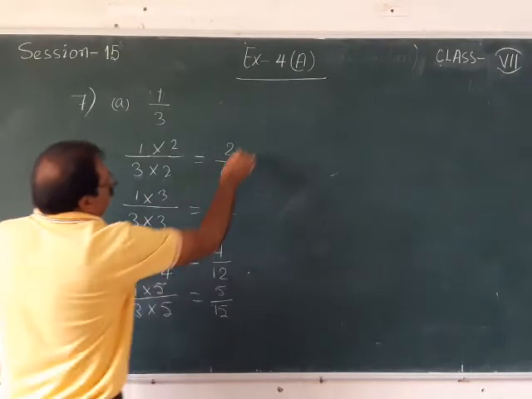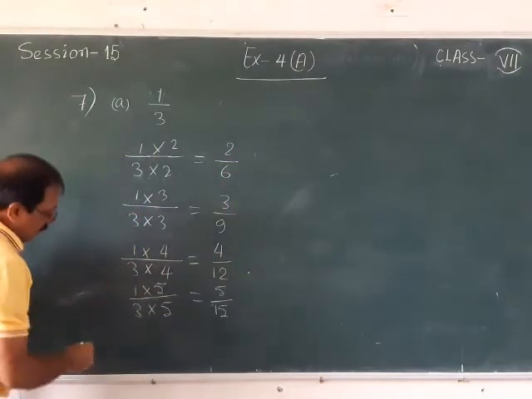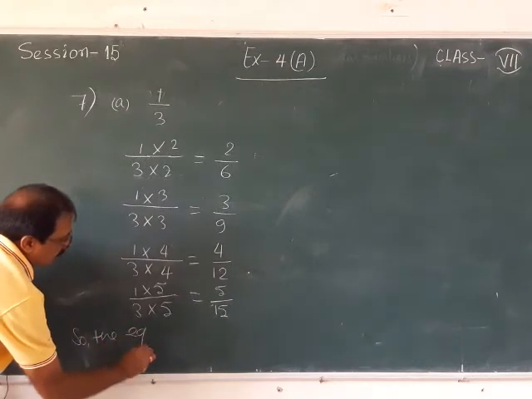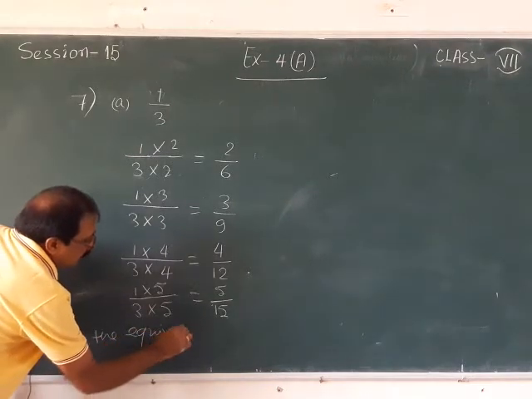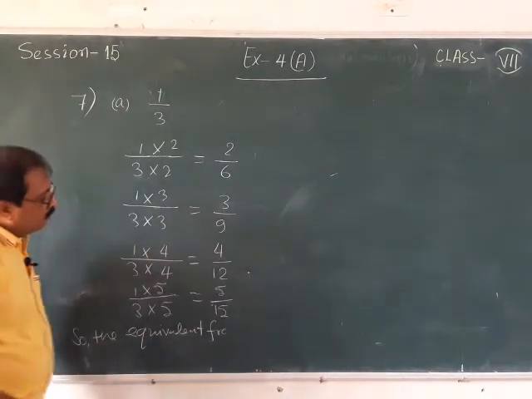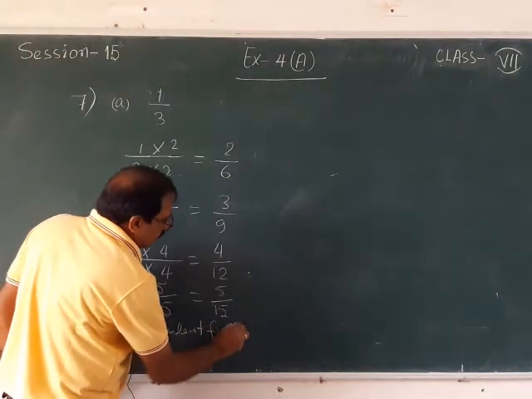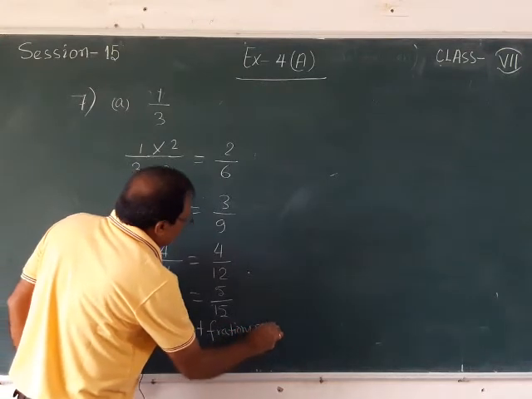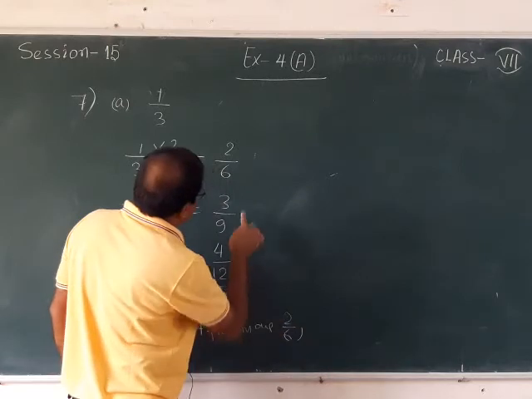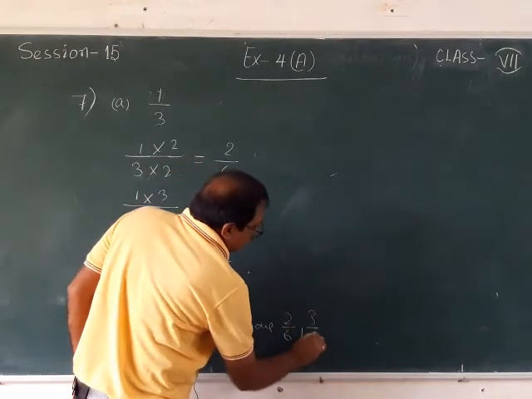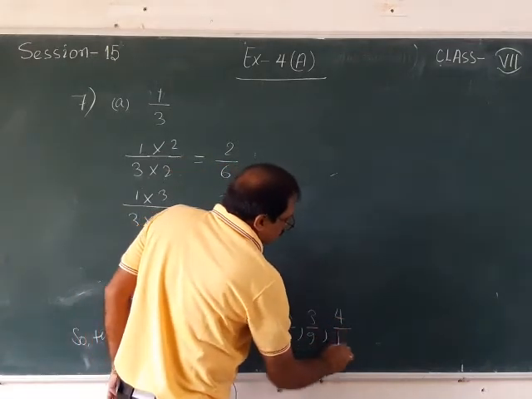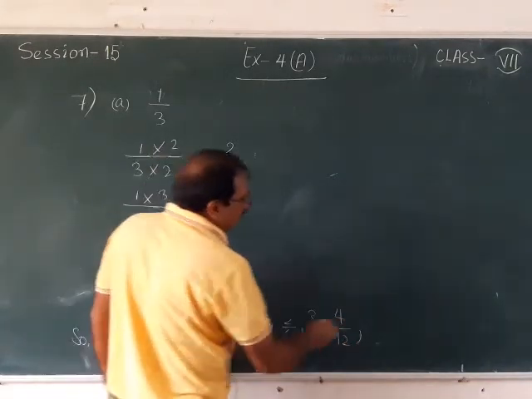So the equivalent fractions are you can write 2 by 6, comma 3 by 9, comma then 4 by 12, comma then 5 by 15.